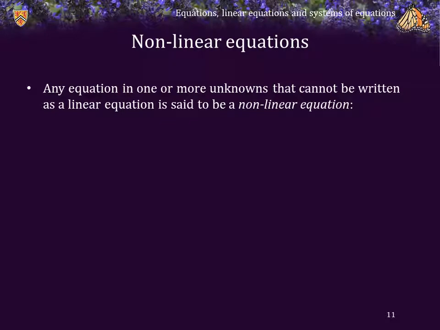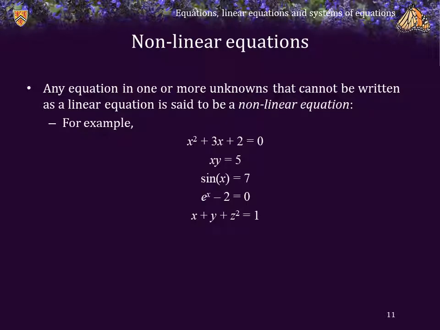Now, any equation in one or more unknowns that cannot be written as a linear equation is said to be a nonlinear equation. So, for example, all of the following are nonlinear equations. The first one has an x squared in it. The second has a product of two of the unknown variables x and y.